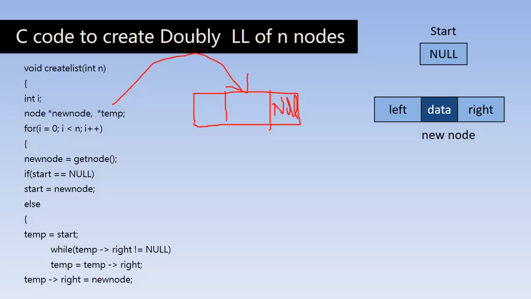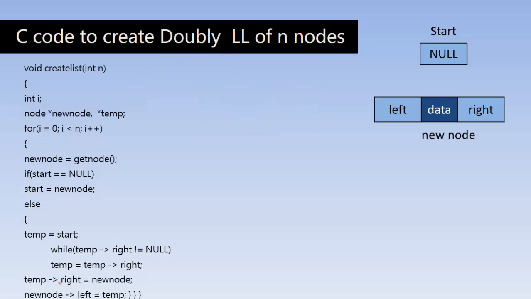So temp of right is new node. The address of the node which has just been created is going to be stored in the right part of temp. So here this will hold the address of the newly created node, making that node the next node in the list. And I will store the content of temp into new node arrow left.